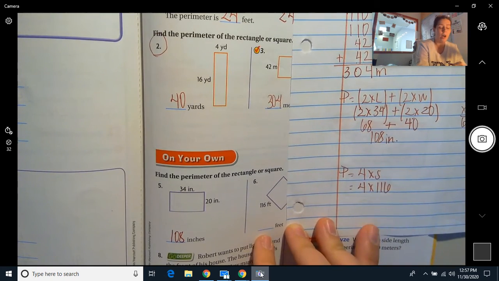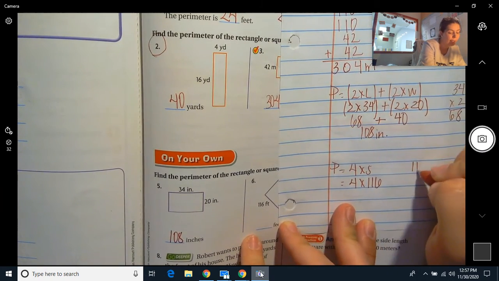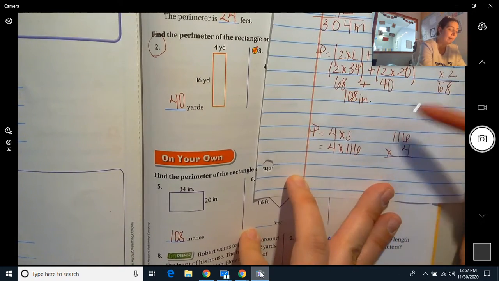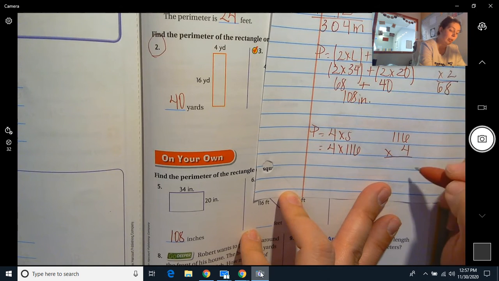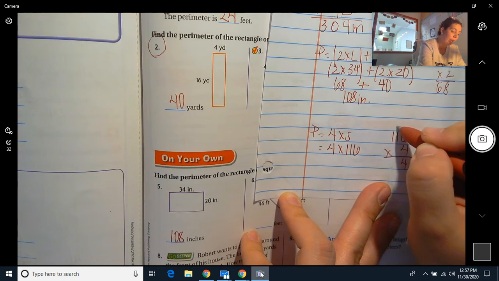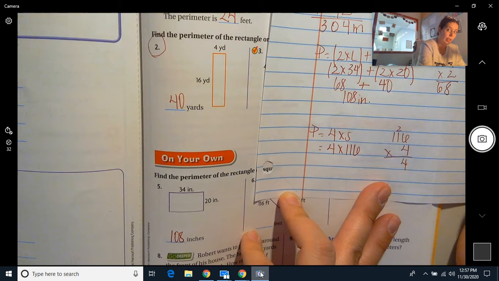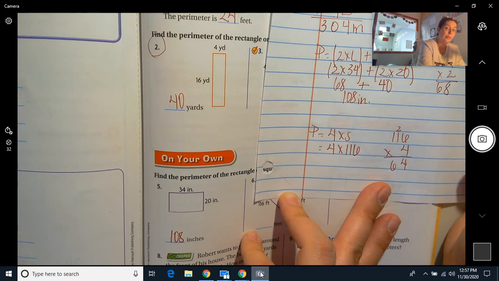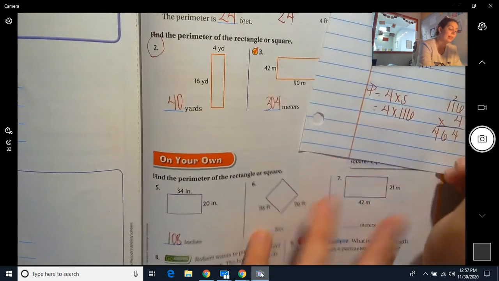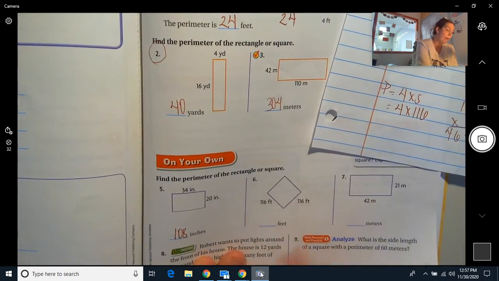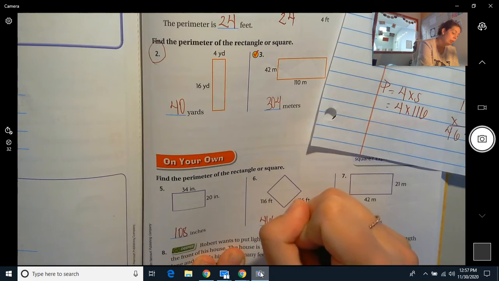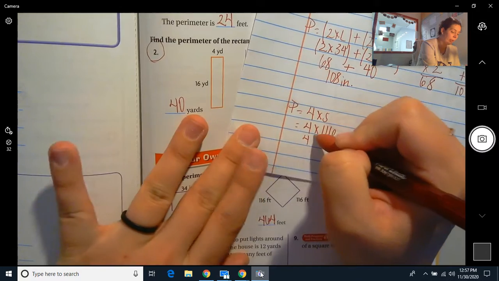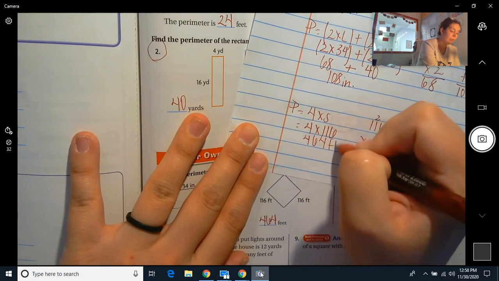Now, I don't know that off the top of my head, so I'm going to write it in a way that I can do my math very easily right here, and I'm going to multiply. 6 times 4 is 24. Carry my 2. 4 times 1 is 4, plus 2 more is 6. 4 times 1 is 4. So 464 with my label feet would be my answer. So I need to write that also on my scrap paper, 464 feet. Okay?